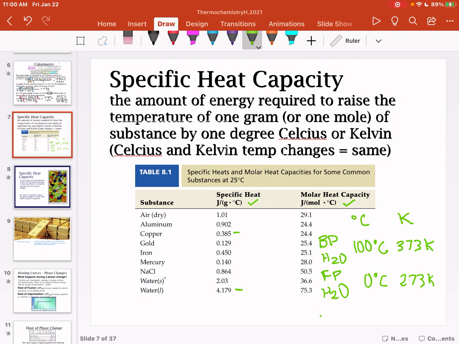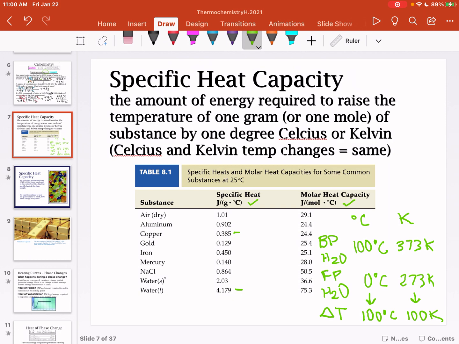So now what does that mean? In this unit, the change in temperature is the star of the show. So I want to prove to you here that a delta T in Celsius and a delta T in Kelvin are the exact same thing.